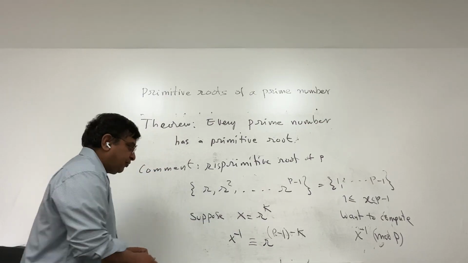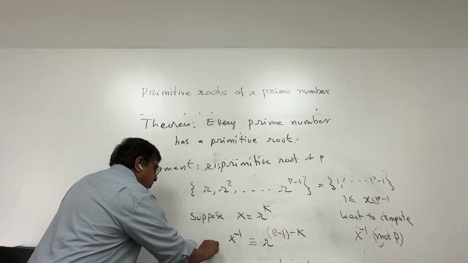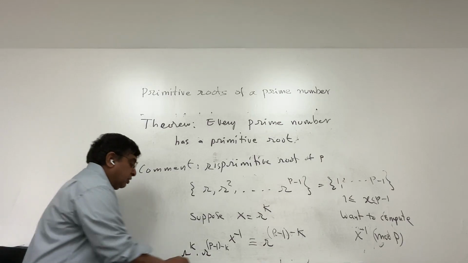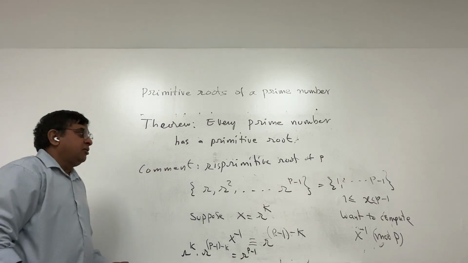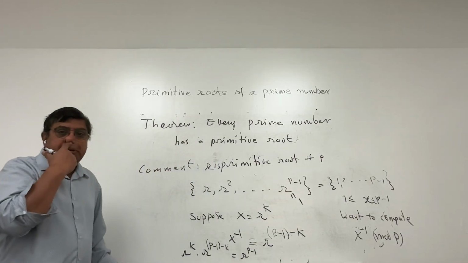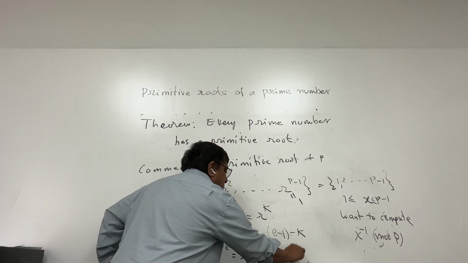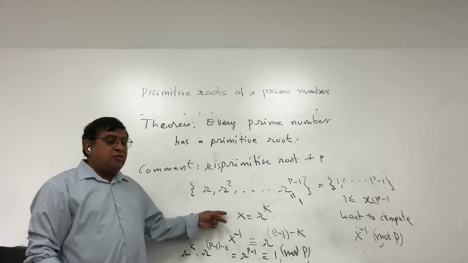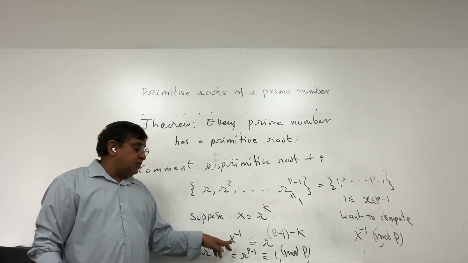If I multiply r to the power of k times r to the power of p minus 1 minus k, this is r to the power of p minus 1. We know r to the power of p minus 1 is 1. Therefore, this is congruent to 1 mod p. Therefore, finding the inverse of an element, if you write it in this format, is much easier.